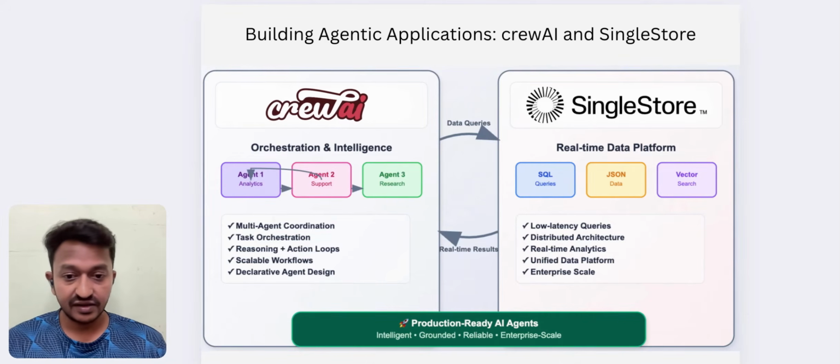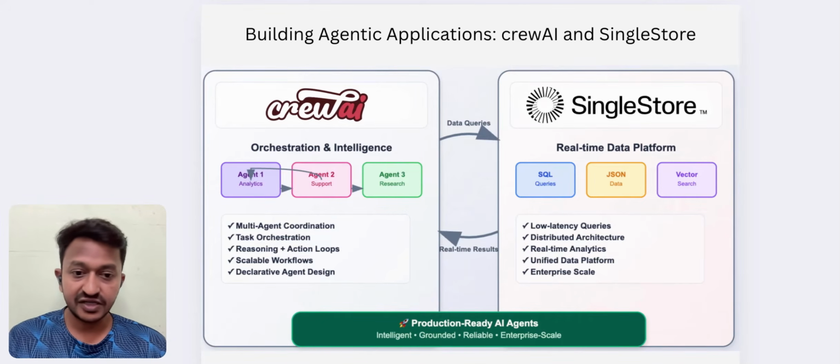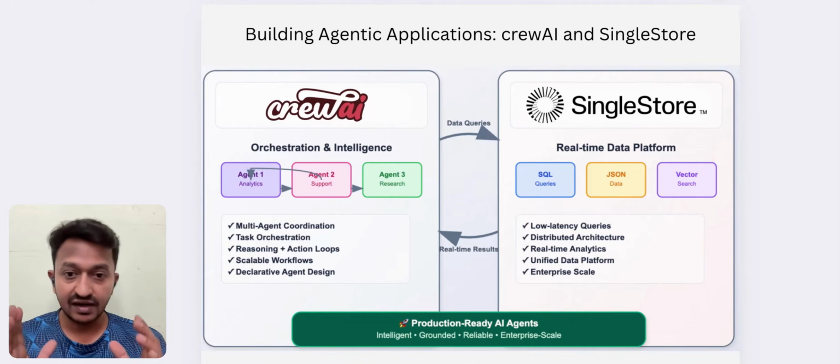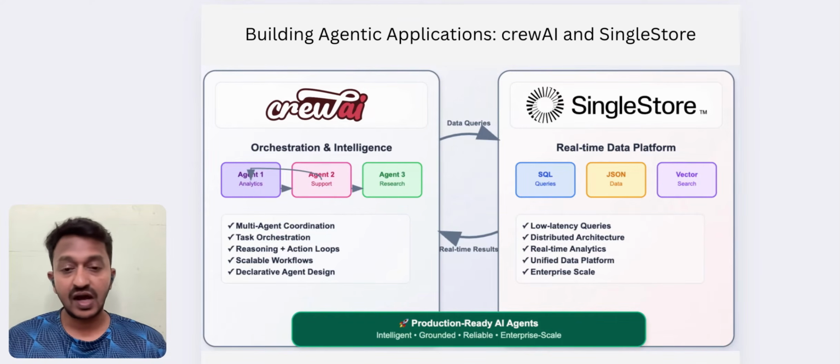And as a result, you'll get applications that are not only intelligent but grounded, reliable, and enterprise ready, right? So now that SingleStore has a native integration with CrewAI, it has become quite easy to build these agentic applications. And let's see, through a simple demo or tutorial, how we can build a simple yet powerful agentic application using CrewAI and SingleStore.